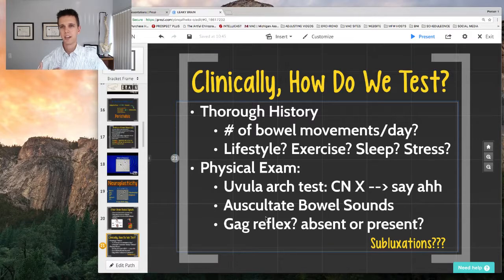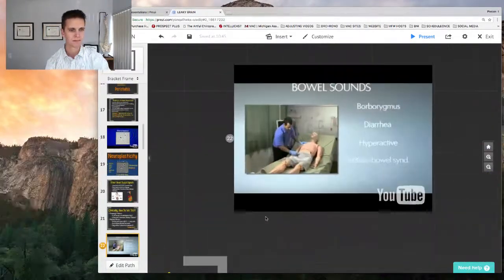That gag reflex is like doing push-ups for the vagus nerve. The gargling exercise is like doing cardio or going for a run for the vagus nerve. That's the analogy that's used.